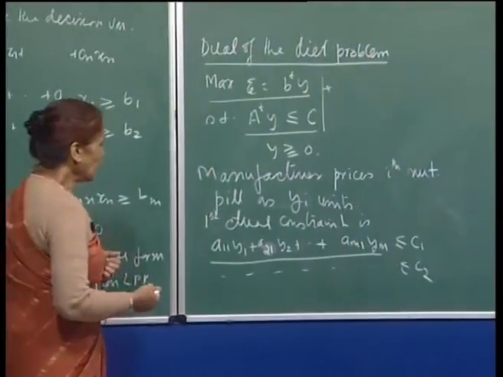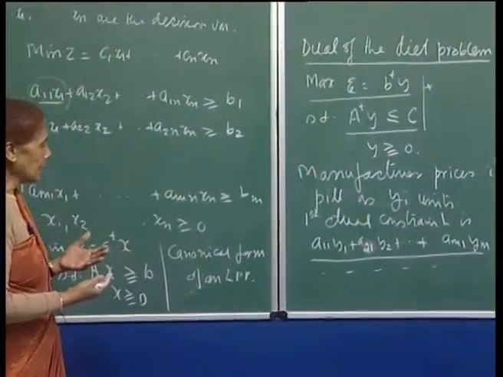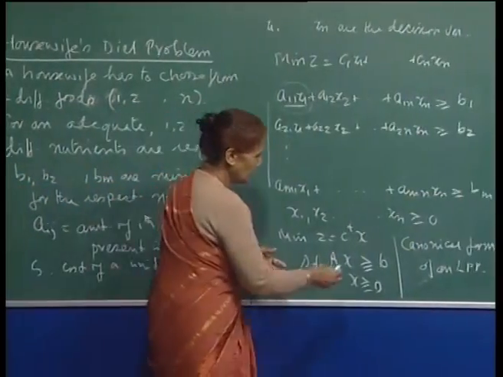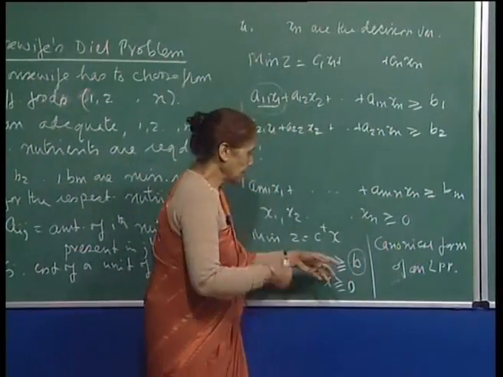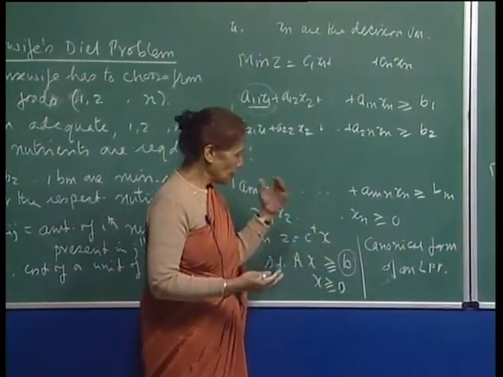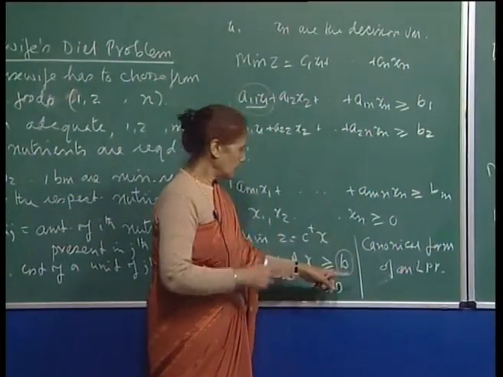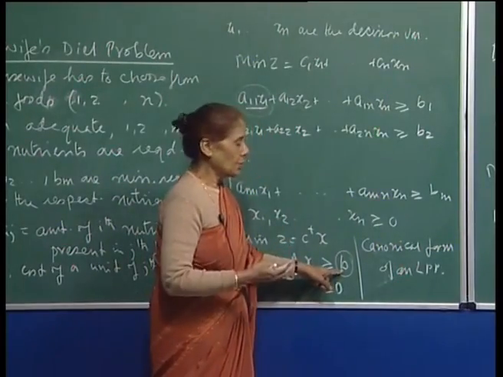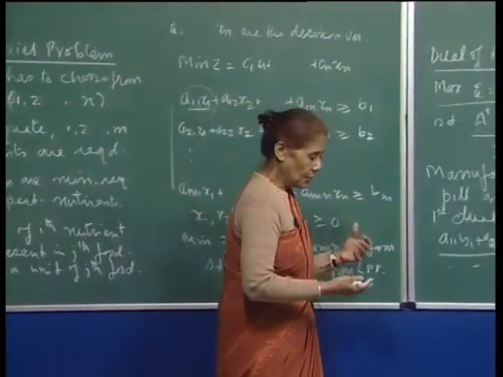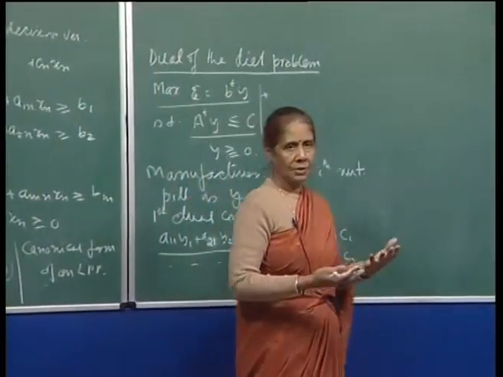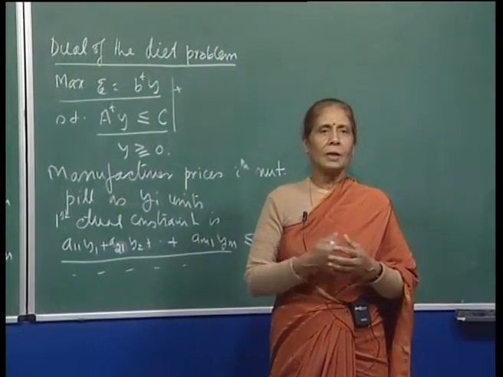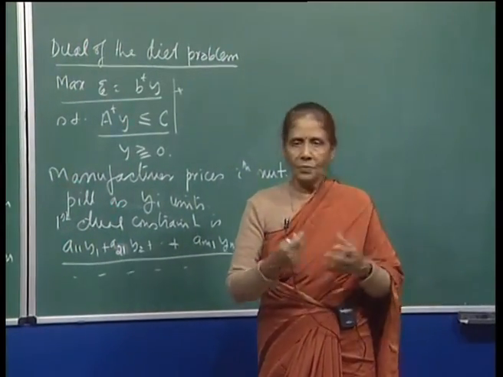You have the primal problem with the right hand side quantities, and the dual variables are in a way prices: for the other person, the worth of these nutrients to someone who wants to come up with an alternative way of making up this diet. That means in terms of pills, right.